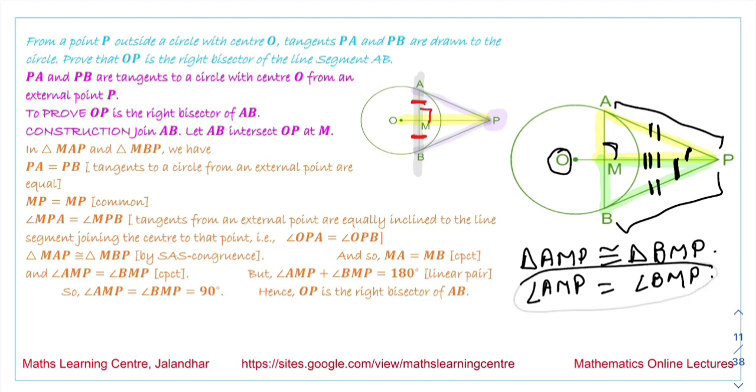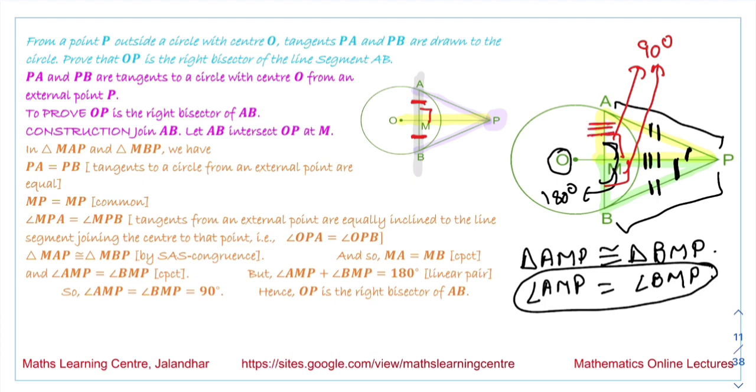If both these angles are equal and the sum of these two angles is 180 degrees, it means the measure of both these angles is 90 degrees. And second, the length AM and the length BM are equal to each other. Both these results we get by CPCT. Hence, by combining both these results, OP is the right bisector of AB.